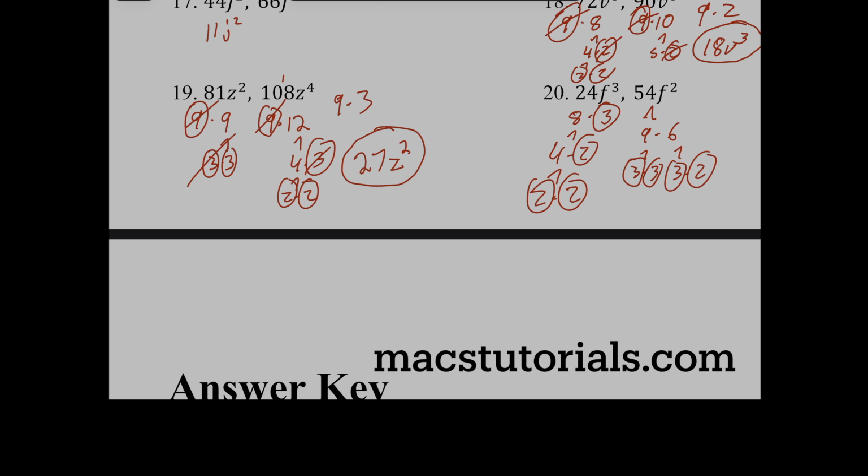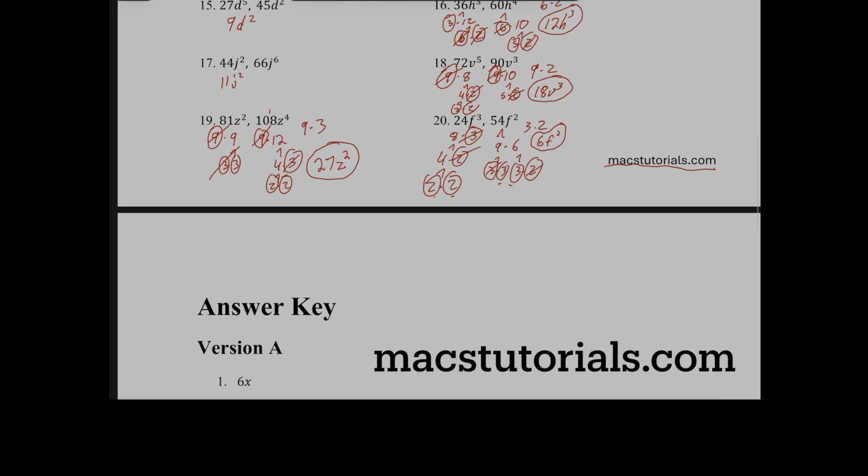All right, let's start pulling out our matches. 3, 3. Let's pull out another match. 2, 2. Is there another match? I have a 2, a 2, a 3, and a 3. That's it. So what's my common? 6f squared. And that is my final answer.